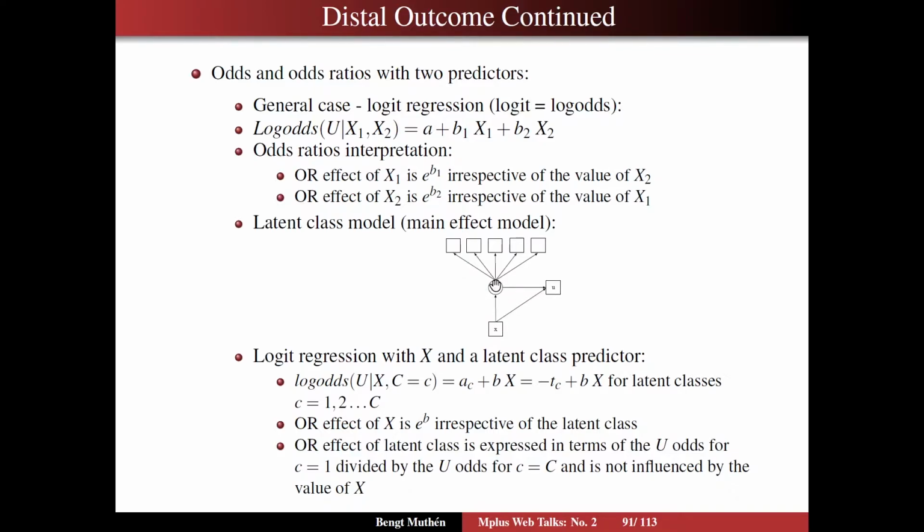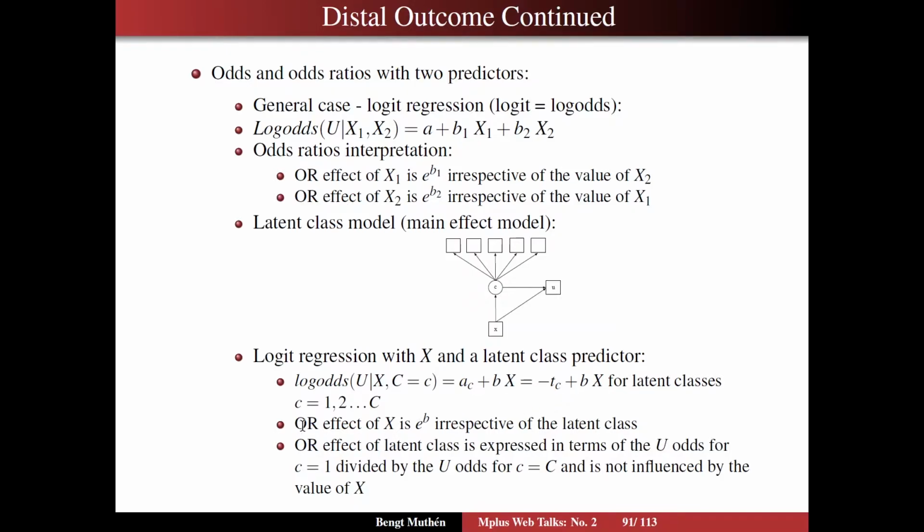That is, there's no broken arrow indicating an interaction model, but it's a main effect model here. A logit regression then with x and a latent class predictor c is like this. That is, it is the intercept that varies across the latent classes c, and that's the same as the negative of the threshold, which we call t here.